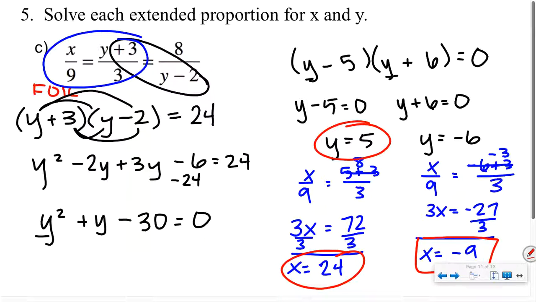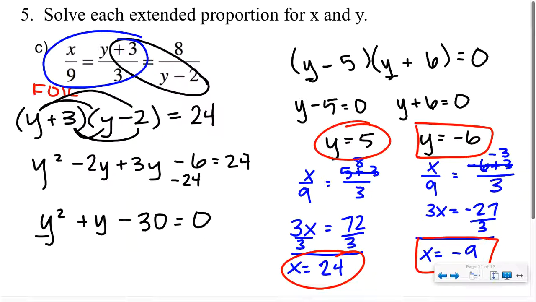When y is negative 6, x is negative 9. You can check these with quick self-checks too. Like when I put 5 in here, how'd you go from 3 to 9? You took your times 3, right? So if the numerator is 8, I should have to do the same thing. What's 8 times 3? 24, which is what we got.